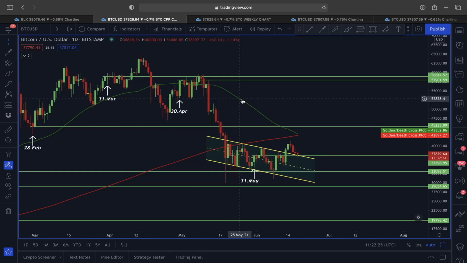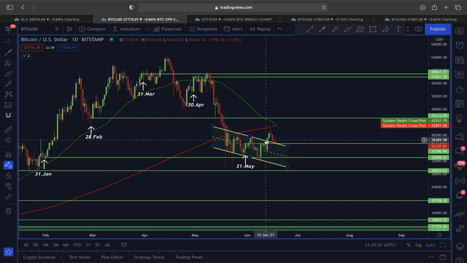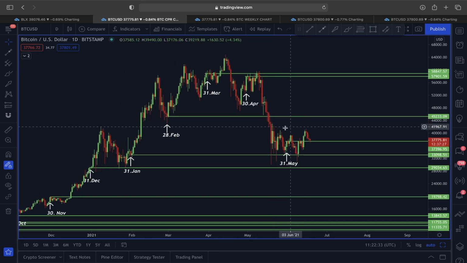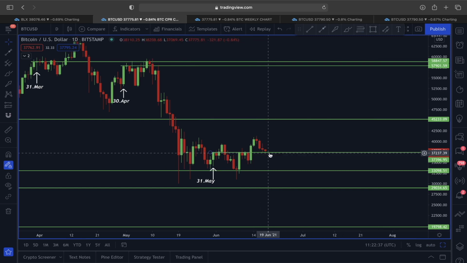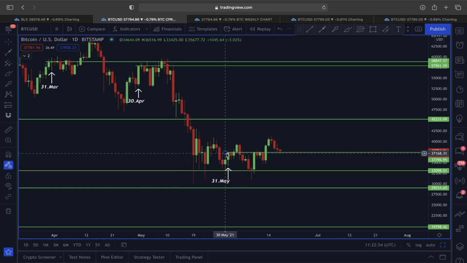So that's why I am showing you this green line. Let me remove this descending channel because I want to show you in a very simple way. Now if you look at the price action of Bitcoin right now, this pullback is getting very strong support from the 31st of May monthly candle close level, which was around the 37,400 area, because this here is the monthly candle close of 31st of May.